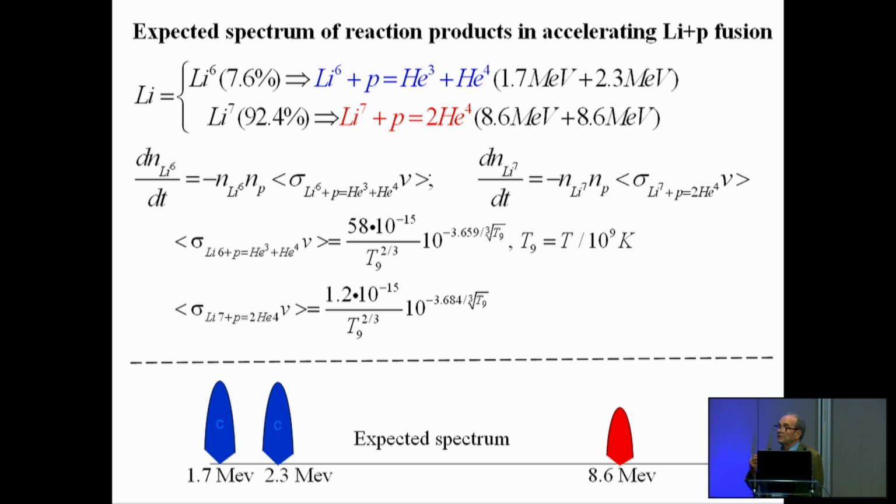So what is expected during such an experiment? The probability of this reaction is greater by about 50 times, but the concentration of this isotope is less by approximately 10 times. So the expected spectrum is approximately the same. You need some more intensive generation of alpha particles with such energy, about 5 times. This is the expected reaction.